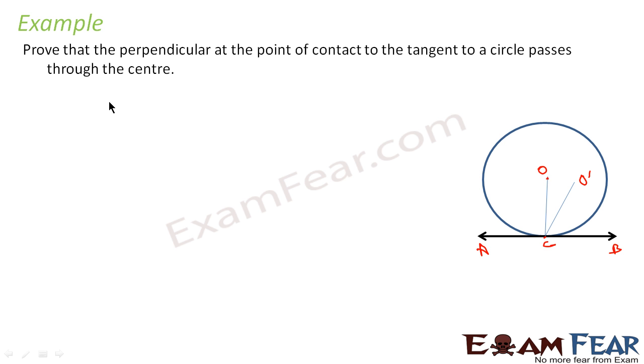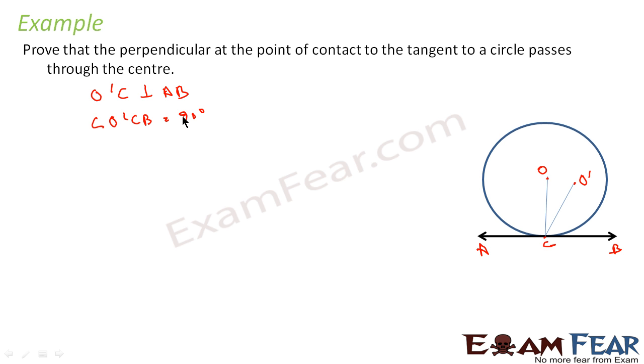That is, O dash C is perpendicular to AB. That is what we have assumed, because we are proving by contradiction. So instead of saying OC is perpendicular to AB, we are now saying that O dash C is perpendicular to AB. Correct? In that case, we can say that angle O dash CB is equal to 90 degrees. Correct?